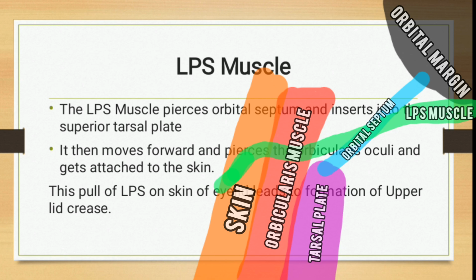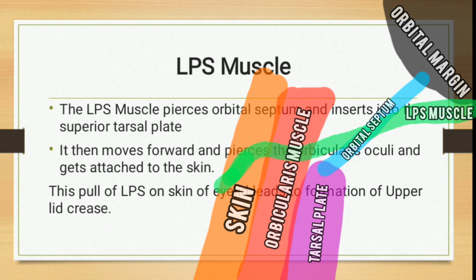Because it has to go to the skin in order to help the eyelids open completely, it pierces all the structures that come in its way. As it lies below the orbital septum, it will pierce all the layers lying above the orbital septum, and then it gets attached to the skin.